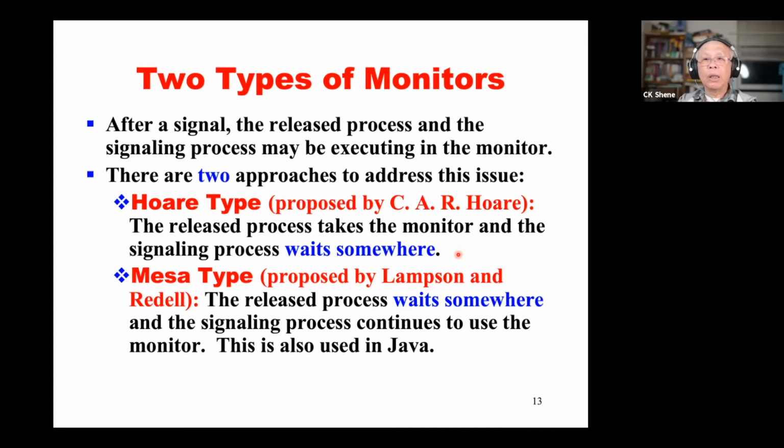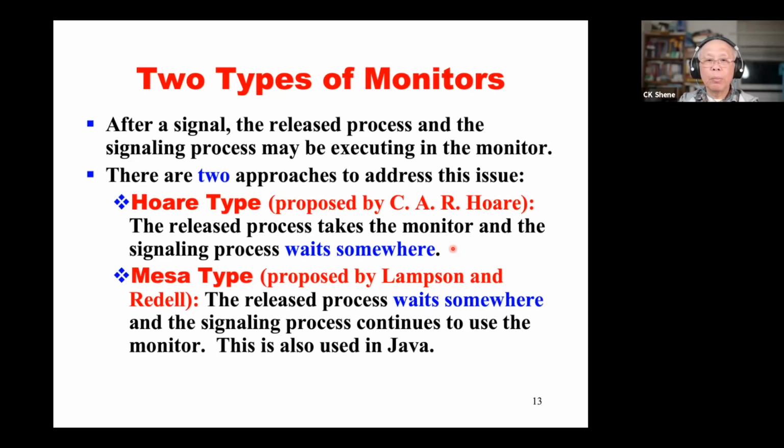So you are released. So the Hoare type means that because you have been waiting for that event probably for quite some time, the priority should be given to you, the one who has been waiting there. But the monitor only allows one process to run. Therefore, I, the one who caused the event to happen, will be pushed out of the monitor and wait somewhere.